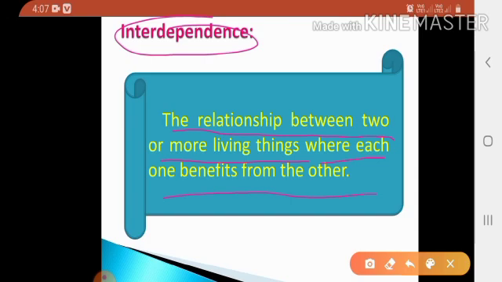Like animals get their food from the plants. Animals get oxygen for breathing from the plants, and in return plants get carbon dioxide from the animals. So in this way plants and animals both depend on each other.